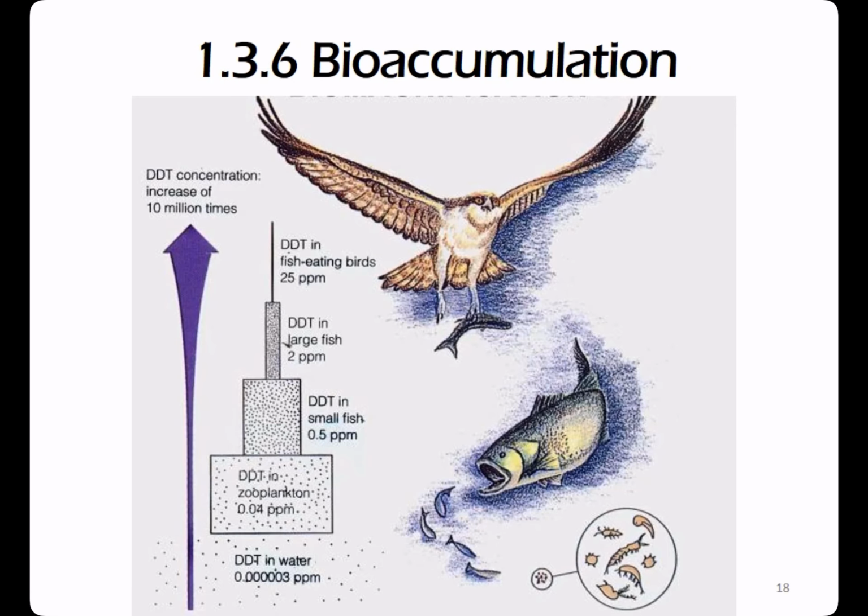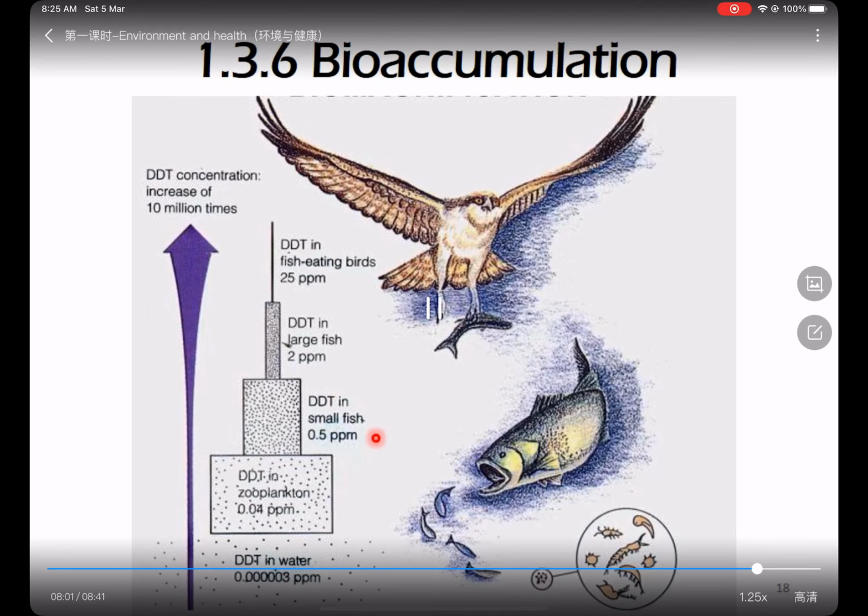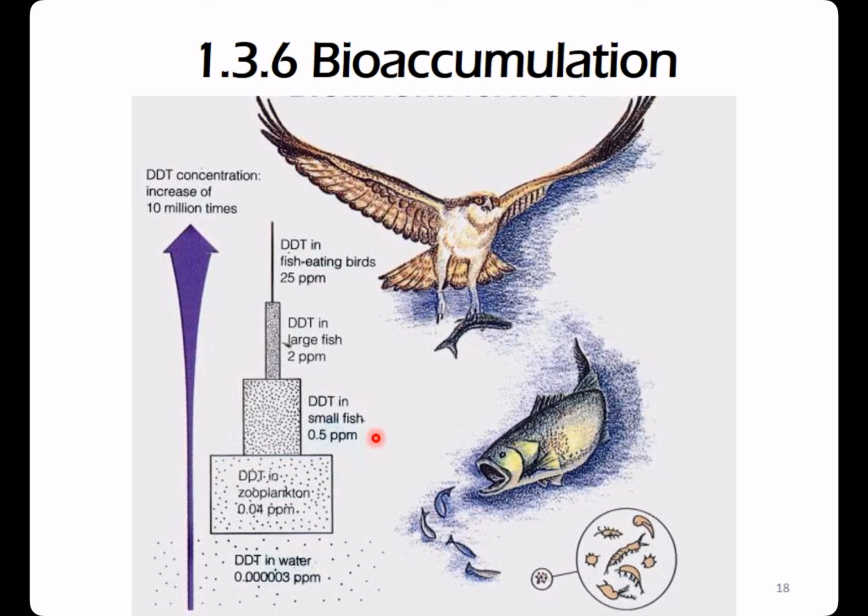This is an example of bioaccumulation. DDT is a pesticide used some 50-60 years ago. DDT in water is trace amount. Now when DDT in zooplankton reaches 0.04 ppm, a small fish eats zooplankton, and the DDT in small fish reaches 0.5 ppm.